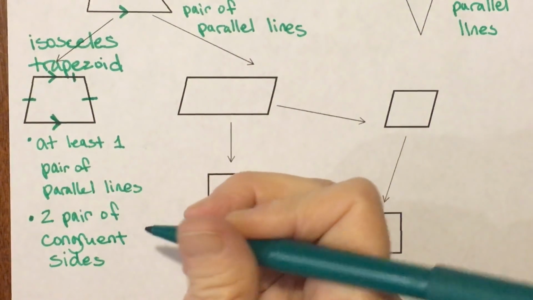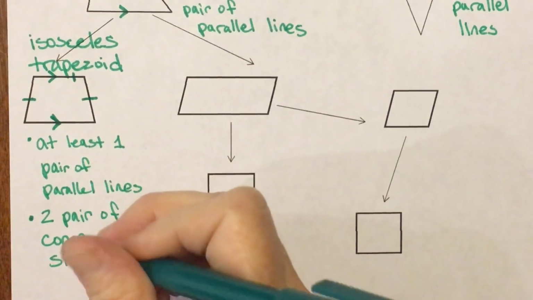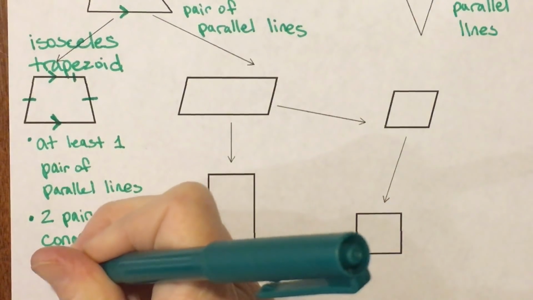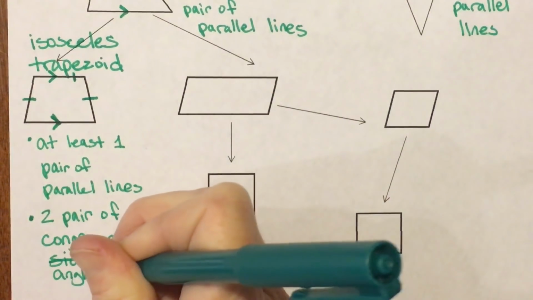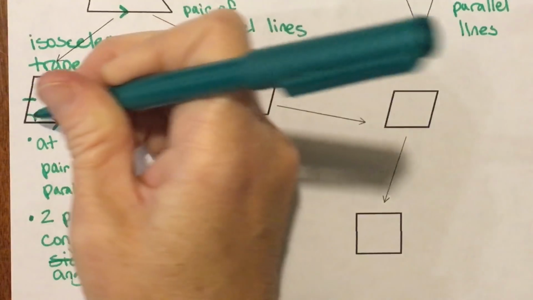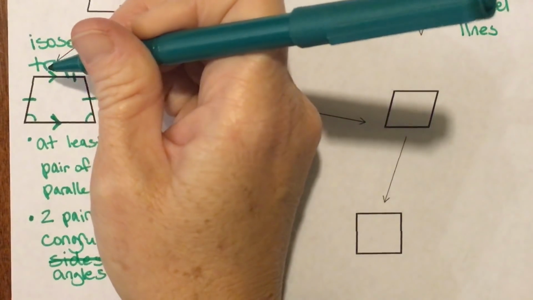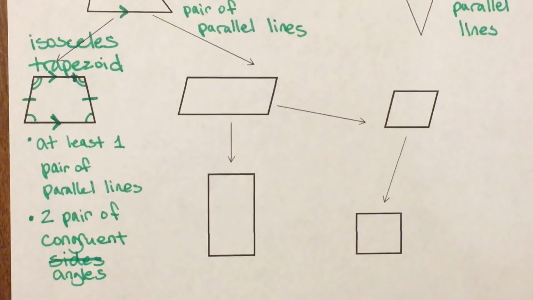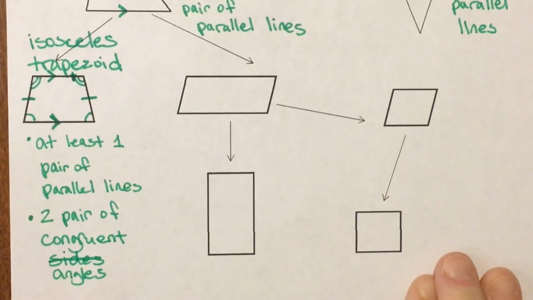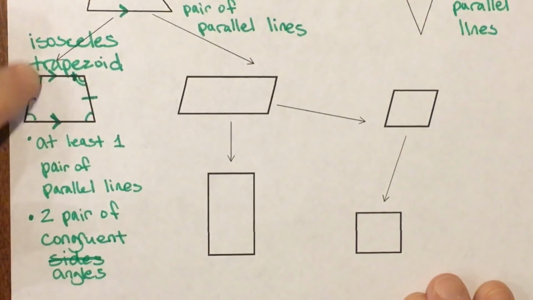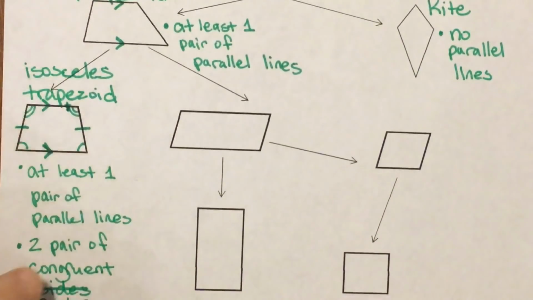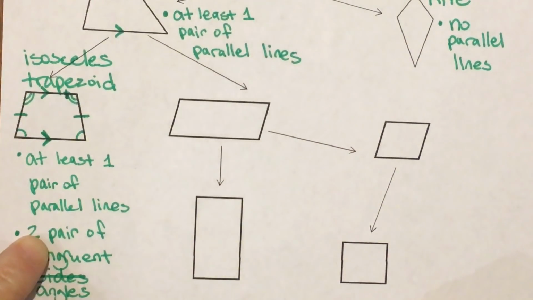I meant two pairs of congruent angles. I apologize. Let's make a correction there. Two pairs of congruent angles. So this angle matches this angle, and this angle matches that one. It only had one pair of congruent sides. I'm sorry about that. Okay, so this is a special trapezoid. So it follows the rules of a trapezoid, but it has other rules or other attributes.